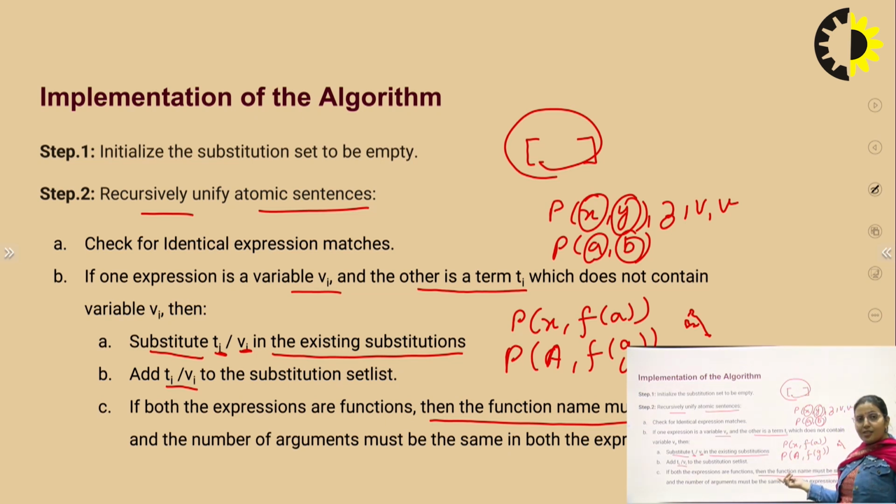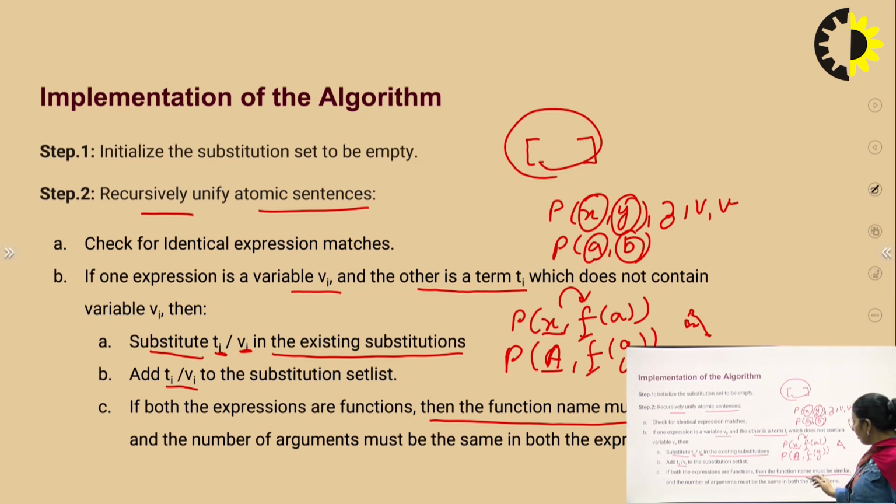Now we can unify the first parameters without considering any further condition. But when we switch to the next parameter for unification, here is a function. A function can only be unified if the names are the same.